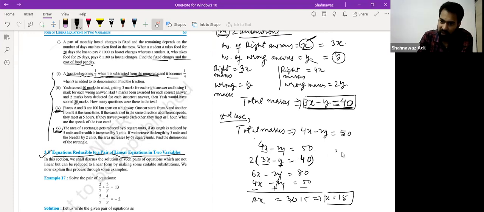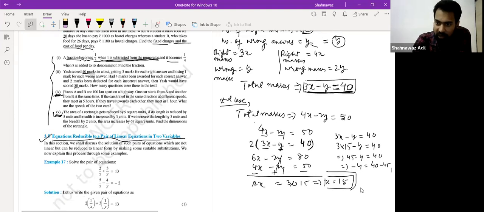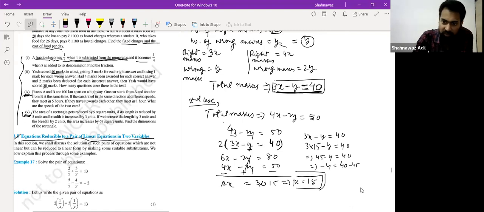And 3X minus Y is 40. So 3 into 15 minus Y is 40. So 45 minus Y is 40. So minus Y is 40 minus 45. So minus Y is what?